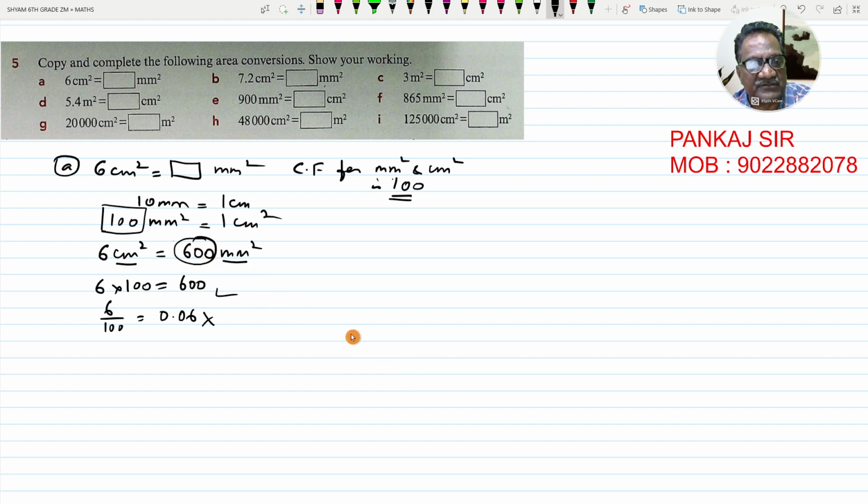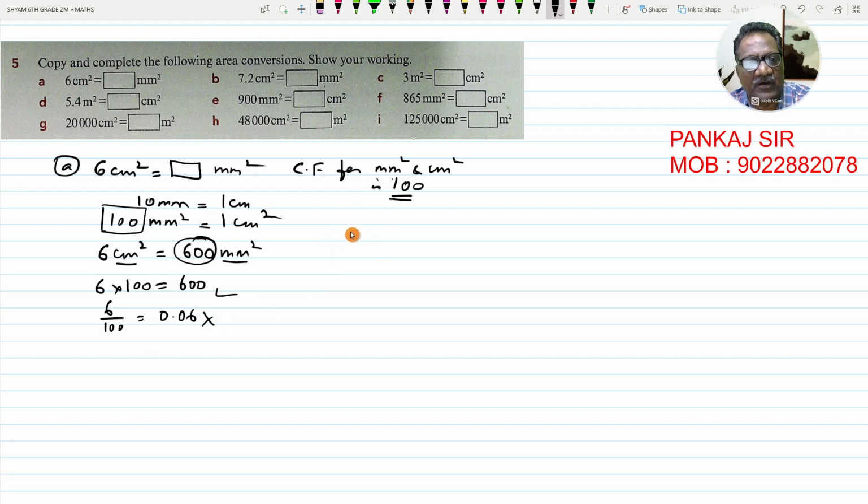That's it. In one go, you got the answer. But in this process, first you should rightly decide what the conversion factor is. Then you have to decide whether to multiply or divide by that conversion factor. So you are done with A.